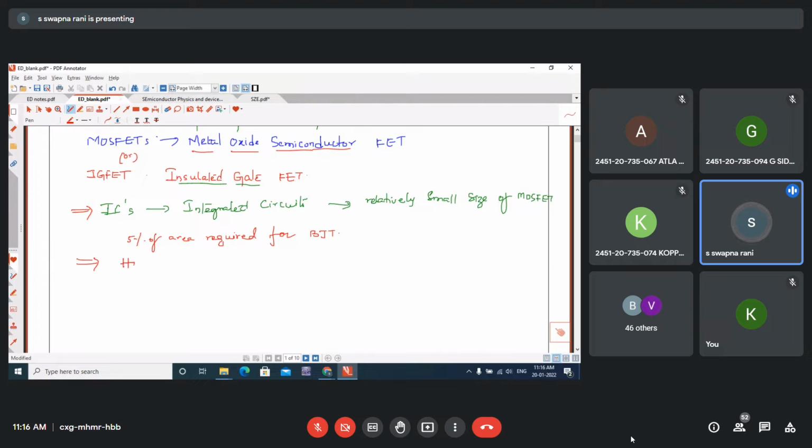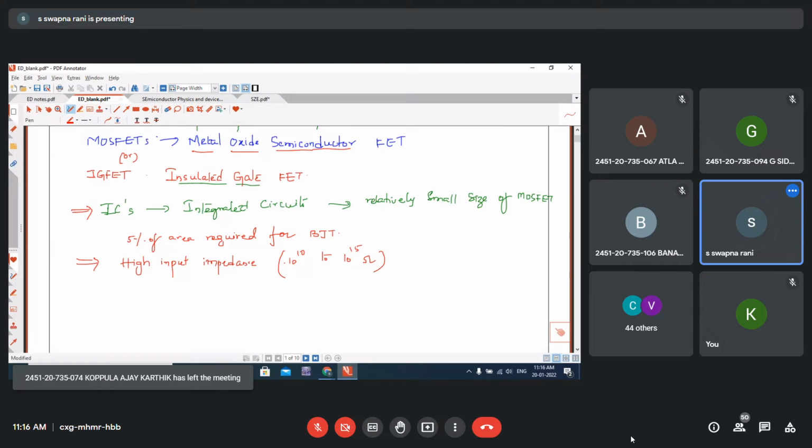very high input impedance, in the order of 10 power 10 to 10 power 15 ohms. The input impedance of a BJT is very low.